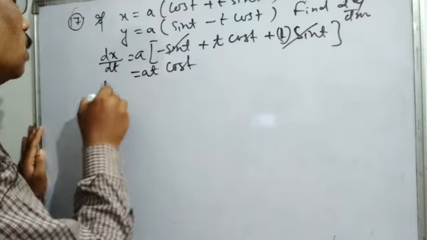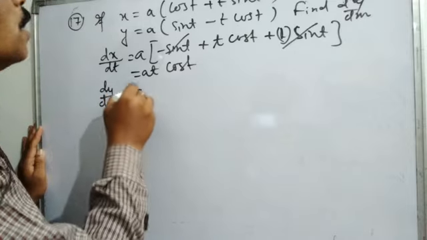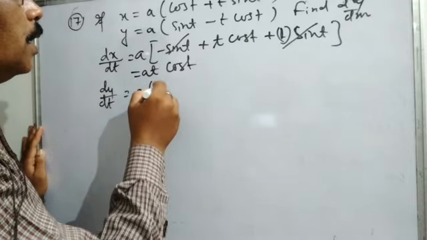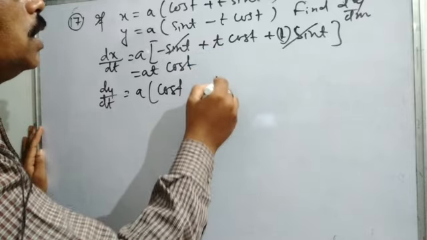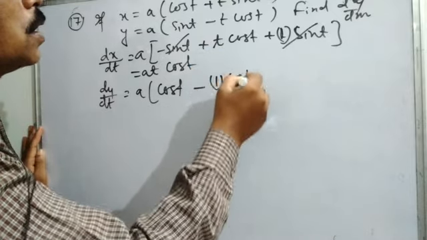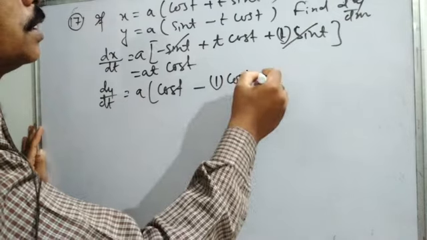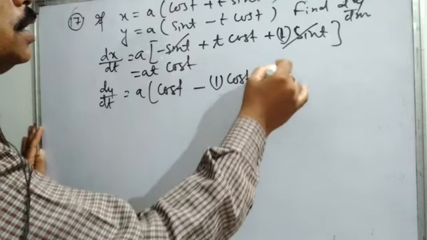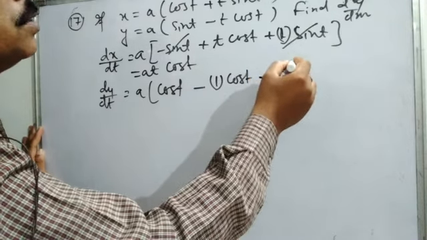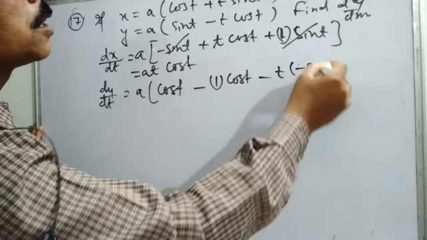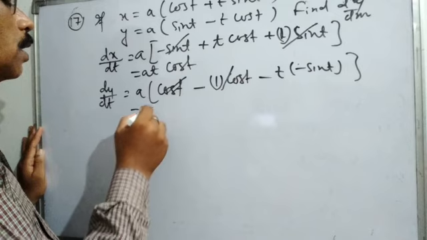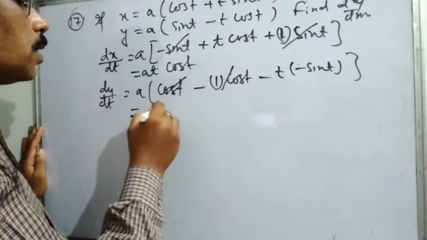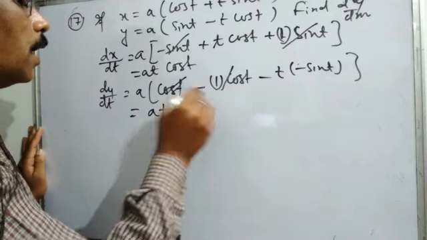Similarly dy/dt, you have to find a sin t, that is equal to cos t minus, t derivative 1, cos t constant, then minus t constant cos t derivative minus sin t, then cos t cancels, minus into minus plus, at sin t.